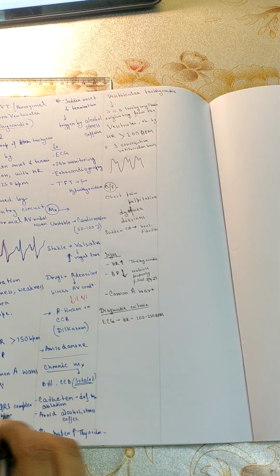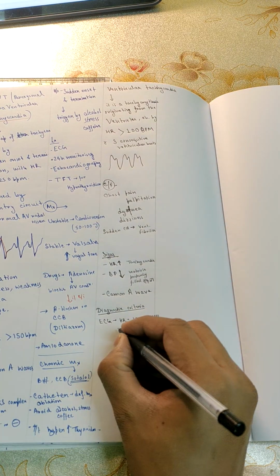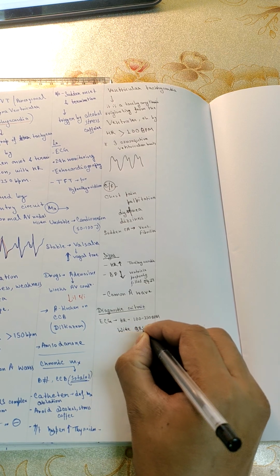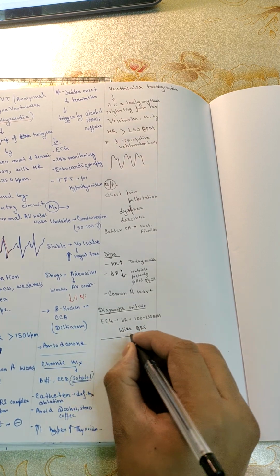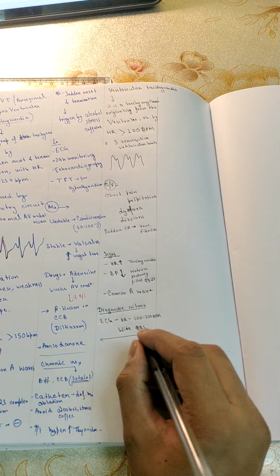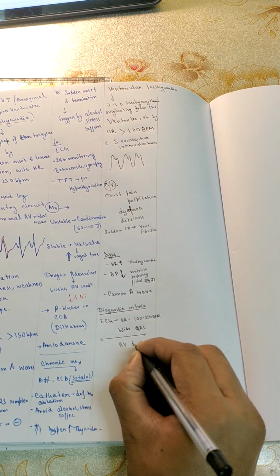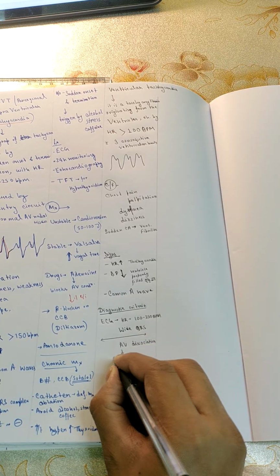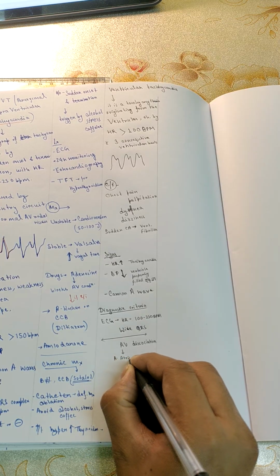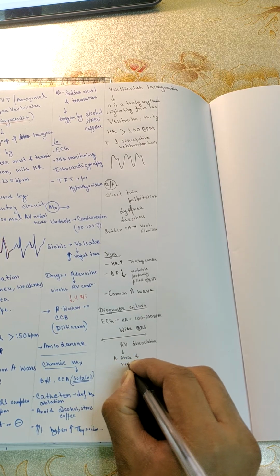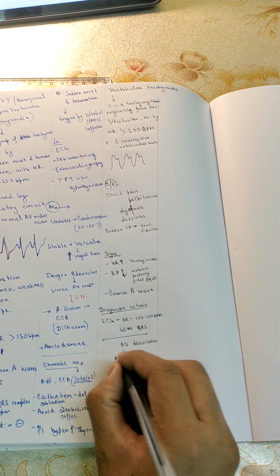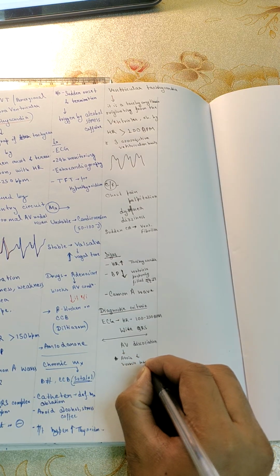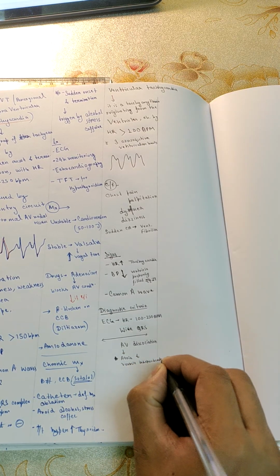But opposite to this, in PSVT we have narrow QRS, here I have wide QRS, more than 120 milliseconds. Okay, next is AV dissociation. What does it mean? It means atria and ventricles have independent activity.